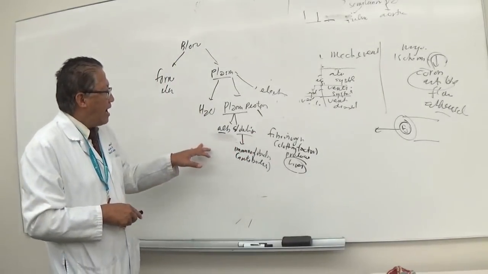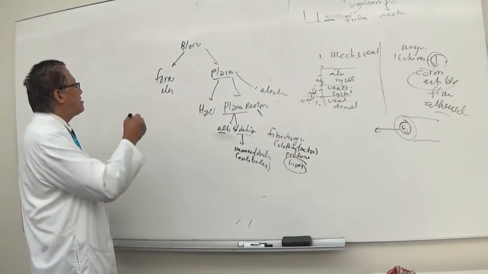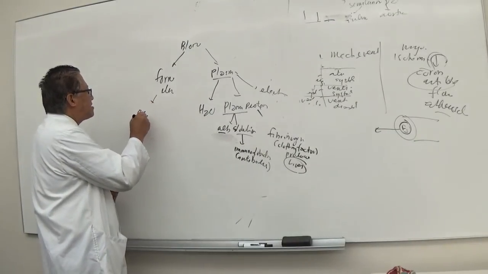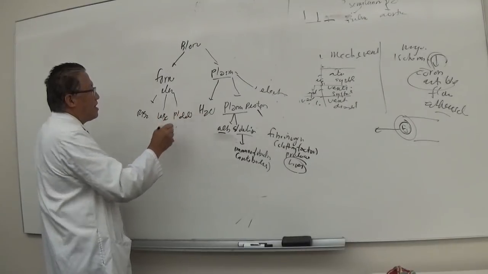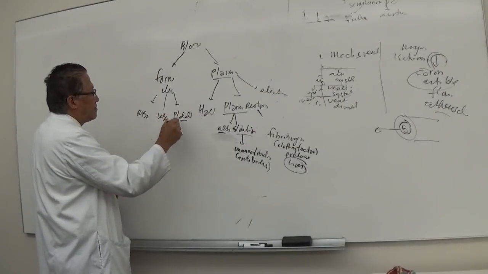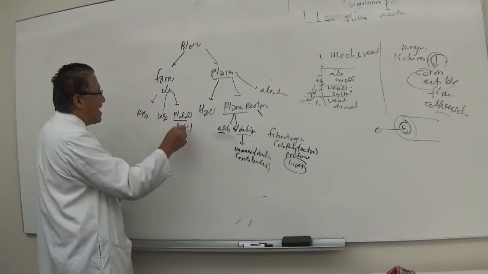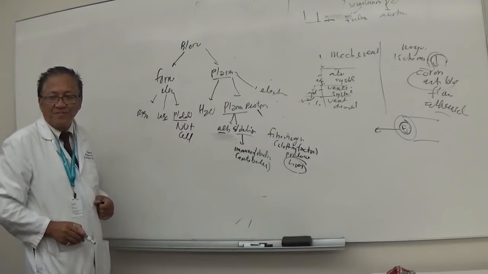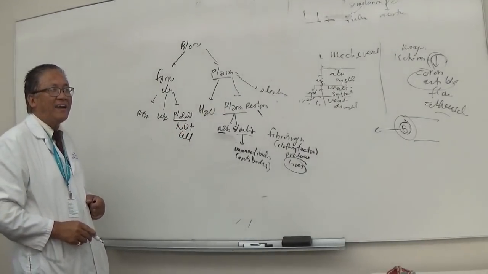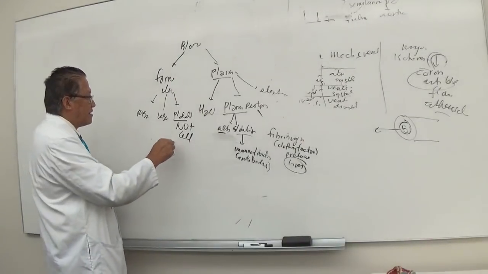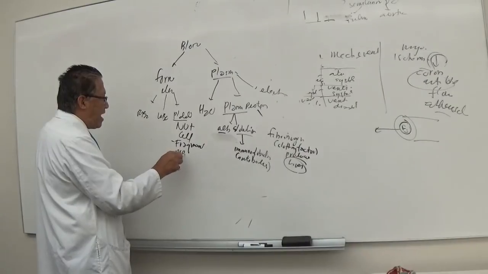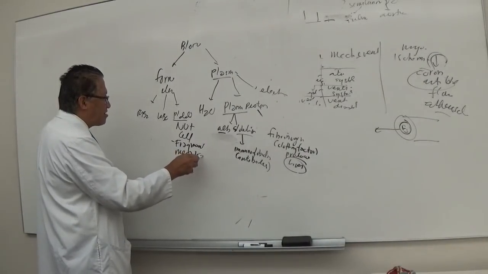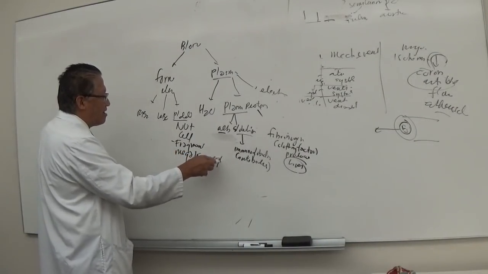Now, under formed elements, you have what? RBC, WBC, platelet. Is the platelet a cell? Yes. No, not a cell. Why? It's a fragment of the megakaryocyte, which is a cell.